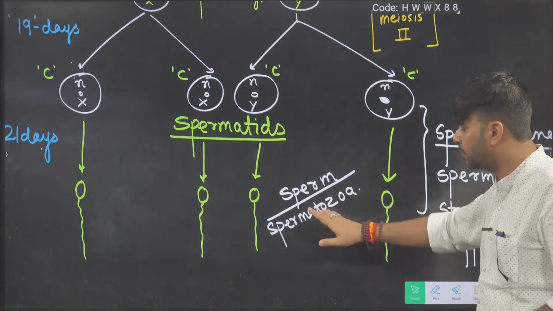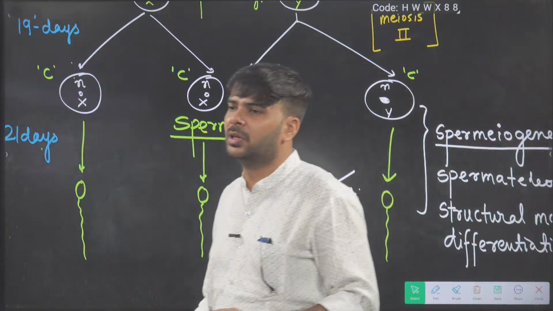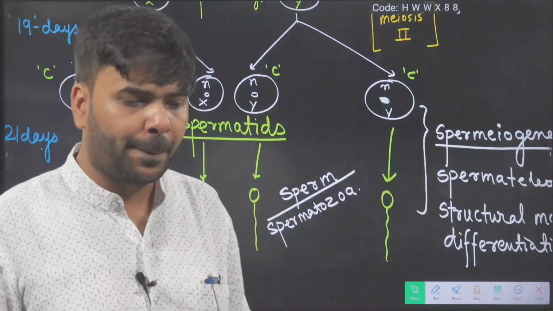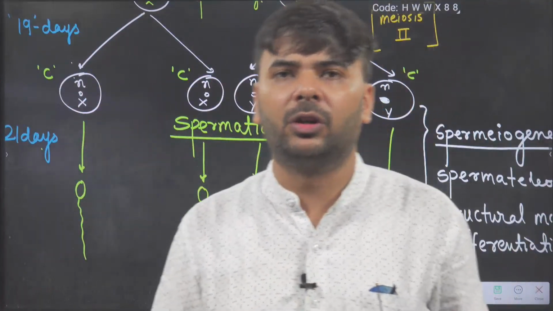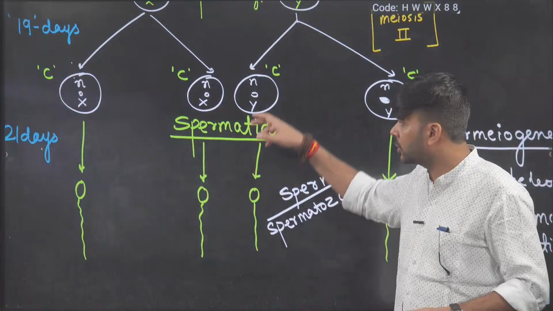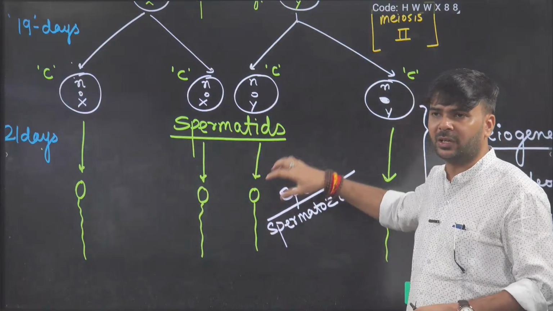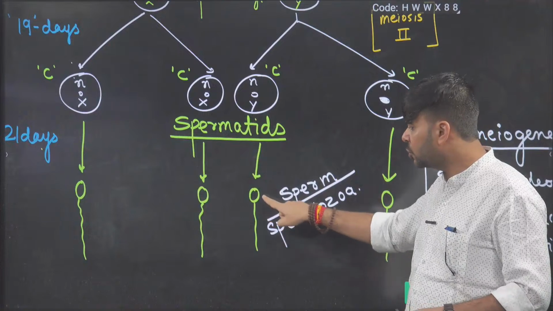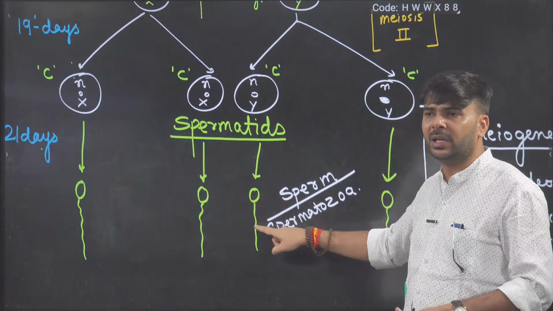Sperm and spermatozoa are both the same. They are not different. You can call sperm spermatozoa. So spermatid and spermatozoa are different. Spermatids are round. Spermatozoa are small with head, neck, middle piece and tail.